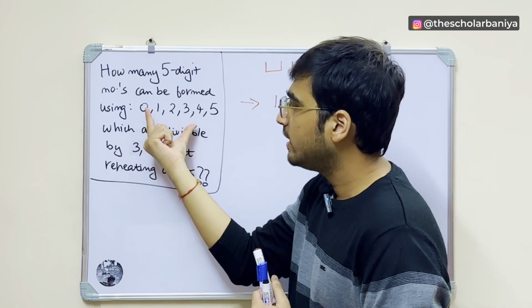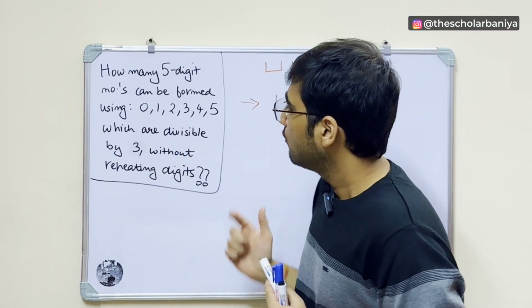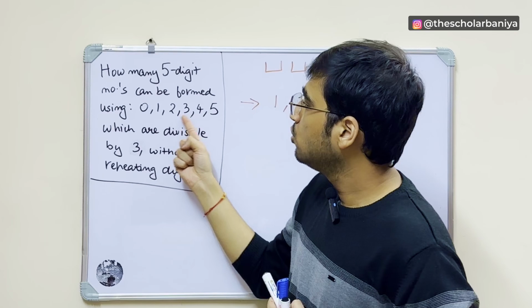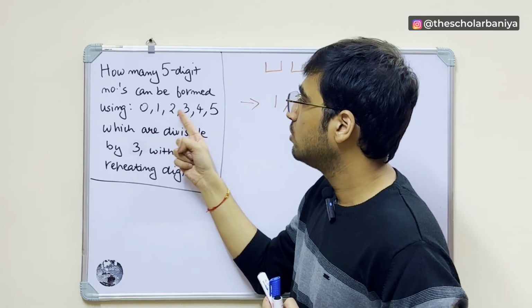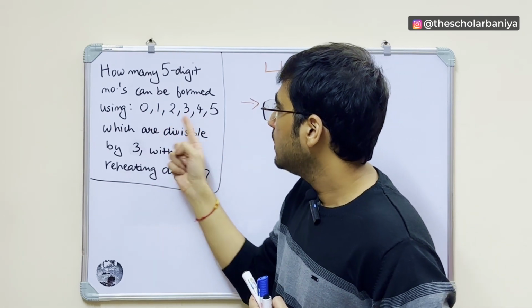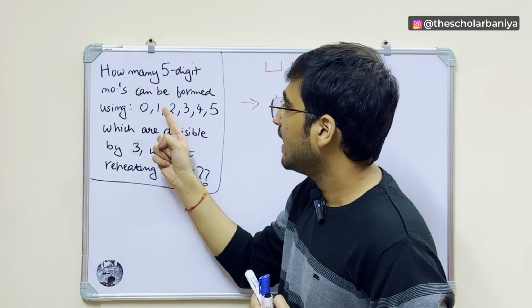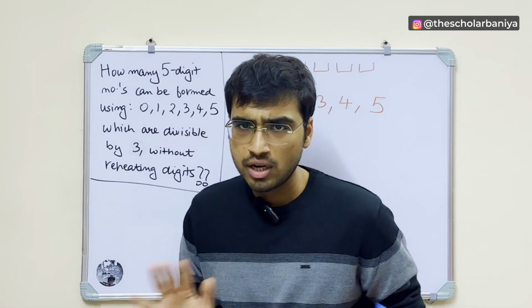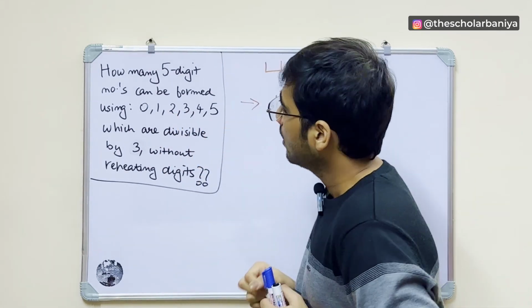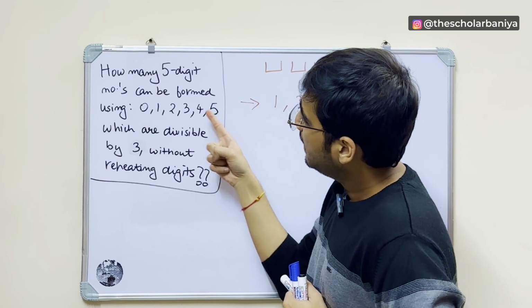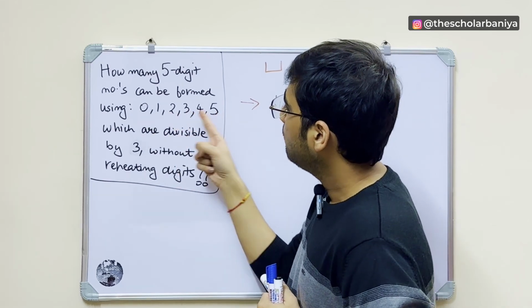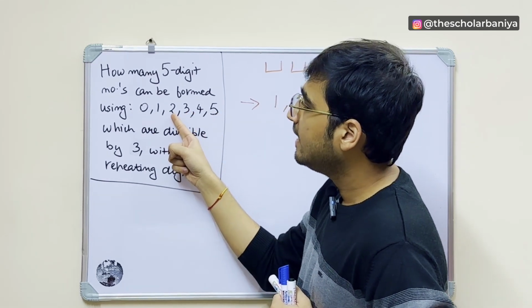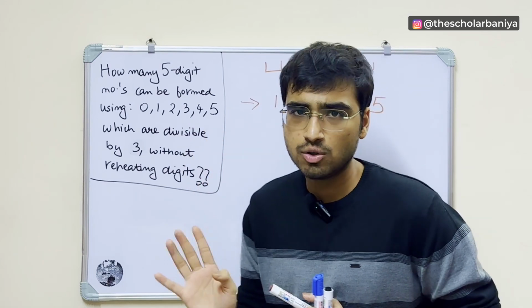Now let's try to take some other numbers, right? For example, if you take 0, 1, 2, 3, 4 and add all of these: 4 plus 3, 7, 7 plus 2, 9, 9 plus 1, 10. 10 is not divisible by 3, right? Now let's take maybe 5, 3, 2, 1, 0. So 5 plus 3, 8, 8 plus 2, 10, 10 plus 1, 11, 11 plus 0, 11.